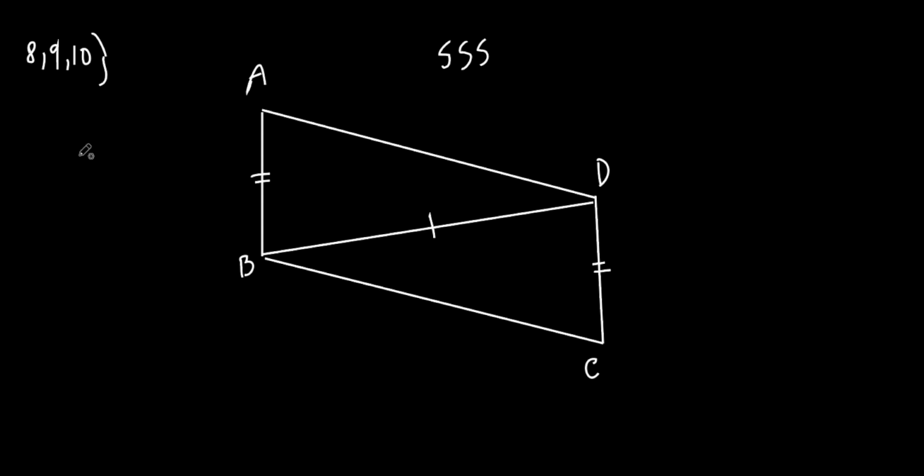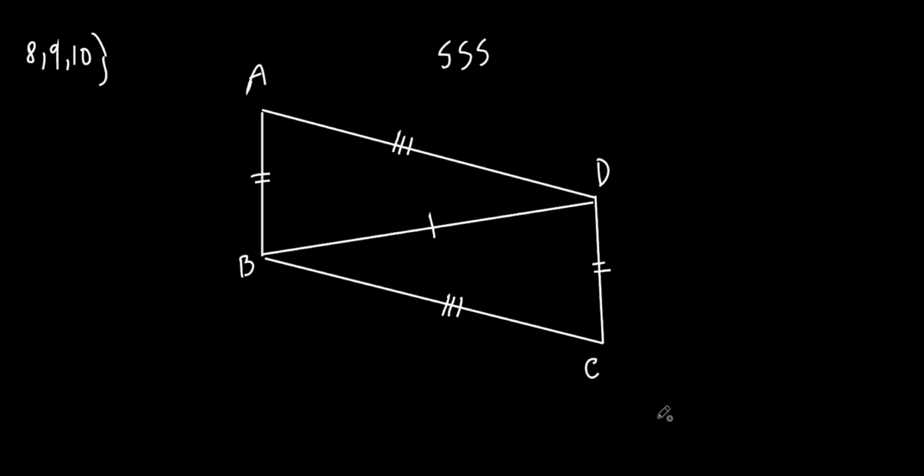Now, here's the question. What else would we need to know? What additional information, right? That's how they ask it. Would we need to know to say these triangles are congruent because of side, side, side? Yeah, that's right. AD and what? BC or CB. Doesn't matter what order you go. Okay? So if I knew that this was equal to that, then guess what?